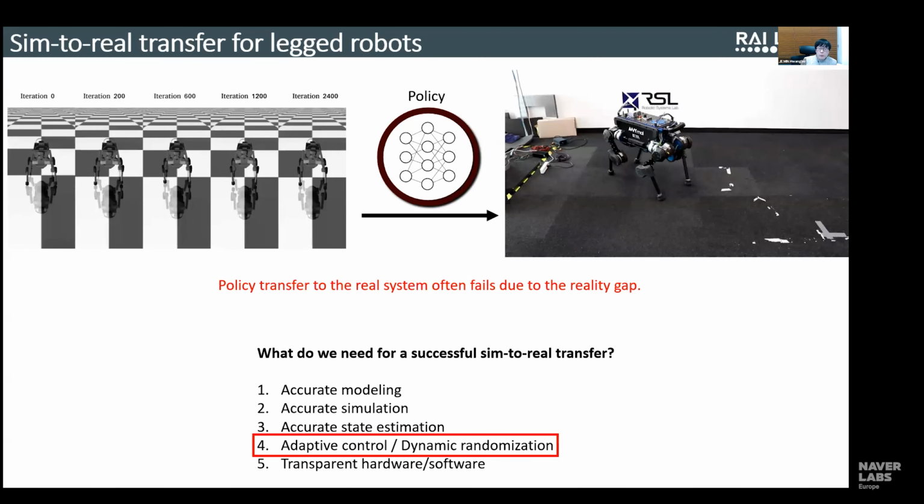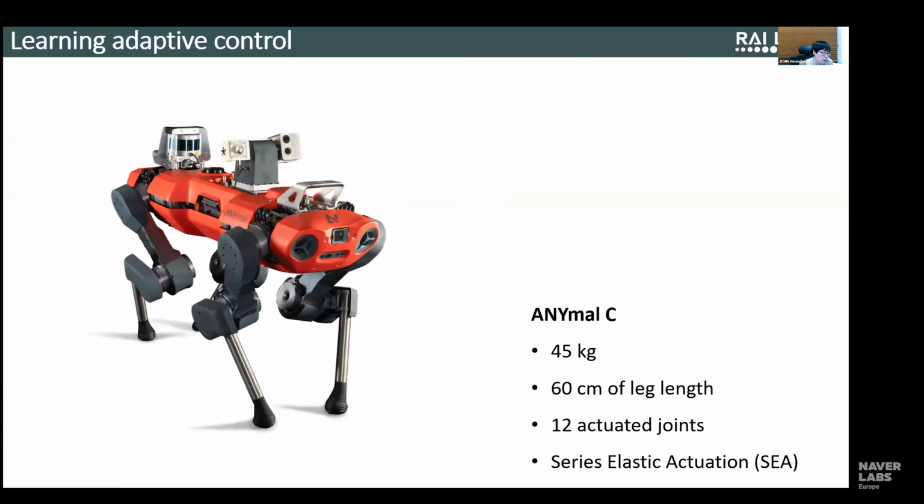Then the next part is adaptive control and dynamics randomization. I think these are two factors that make the policy more robust against unseen scenarios. In this part, I'm going to focus more on the adaptive control, less on the dynamics randomization.